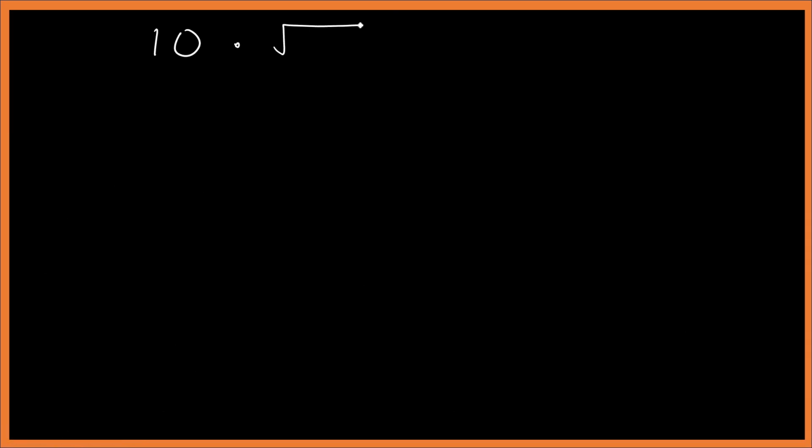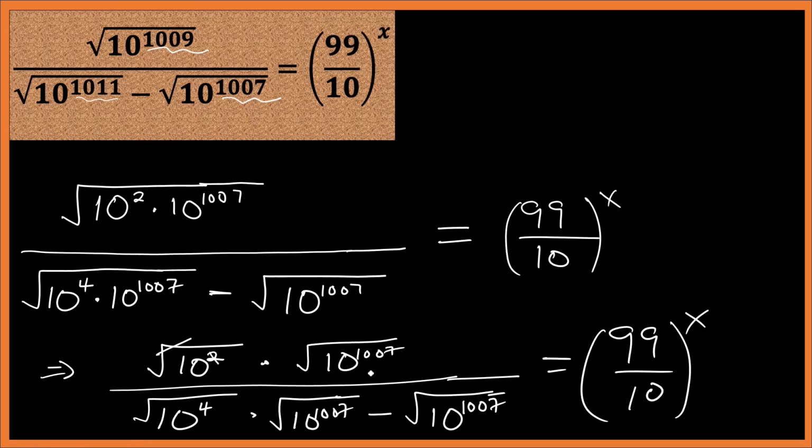square root of 10 raised to 1007. And this side is behaving like 10 raised to the power 4. Now when we're given square root of n, it's the same as n to the power half.